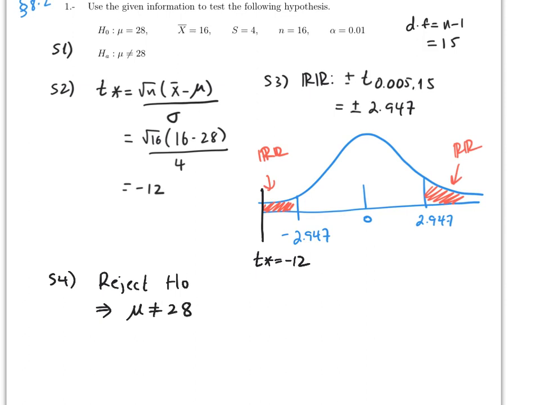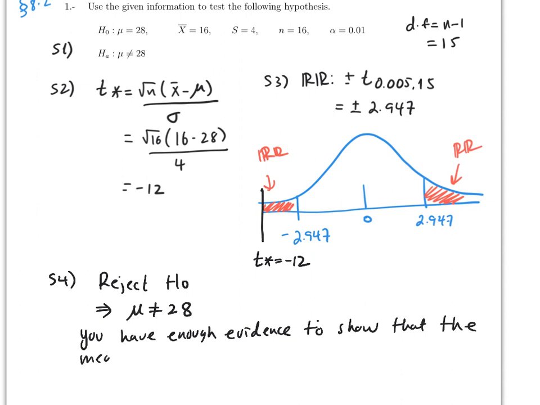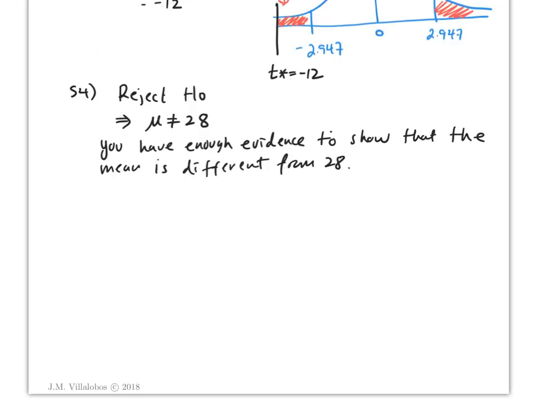In this case, there is not much to explain, just that you have enough evidence to show that the mean is different from 20A, and that's it.